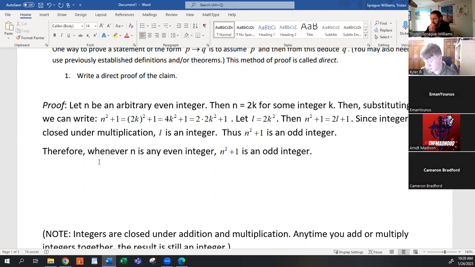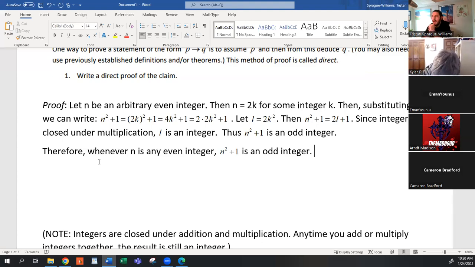What is k supposed to represent? Well, it could be any integer. So let's take, for example, 12. 12 is an even integer. 12 is equal to 2k, where k in particular is 6.